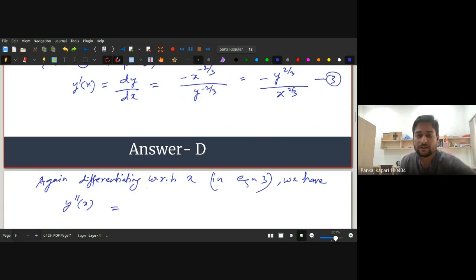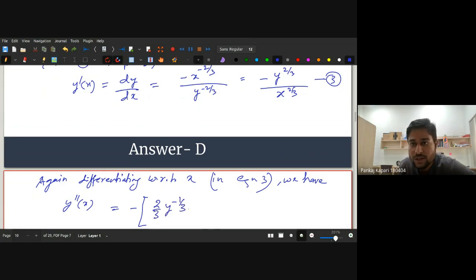Okay, so we keep the negative sign outside, and if you differentiate the first function, you'll have 2 third of y to the power 2 third minus 1, which is minus 1 third, into x to the power 2 third. Further, differentiate the denominator, which is again 2 third x to the power minus 1 third into y to the power 2 third.